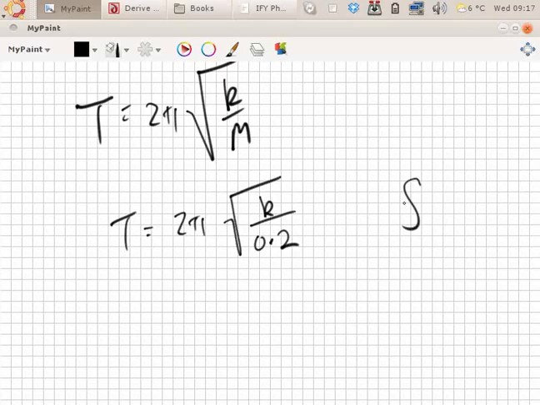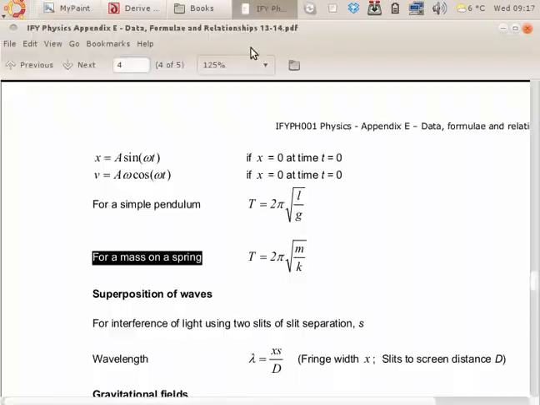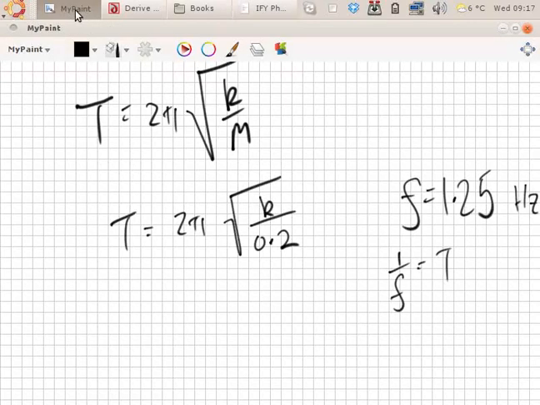Does anybody remember a formula that relates frequency and periodic time? Yeah, 1 over f equals T. Is that in the formula book? It might be in there somewhere, I don't know.